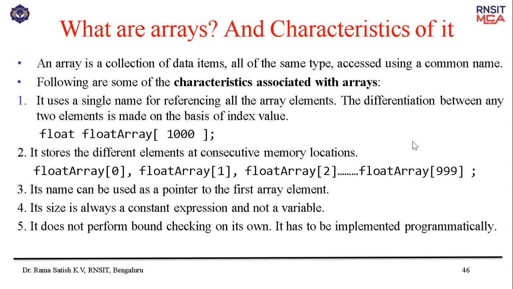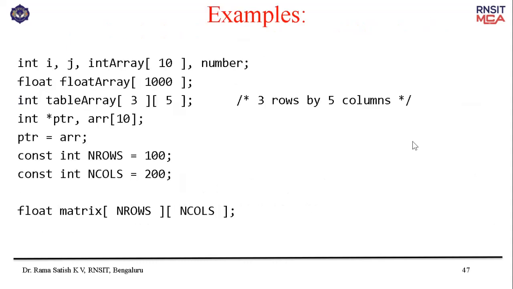Third, its name can be used as a pointer to the first array element, and its size is always a constant expression and not a variable. It does not perform any bound checking on its own, but we have to write an exclusive program to implement it.